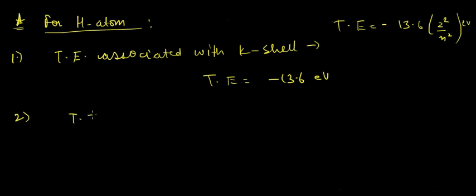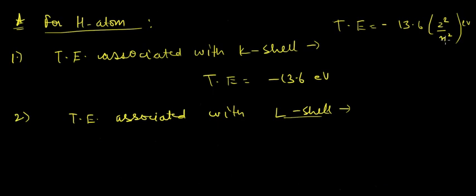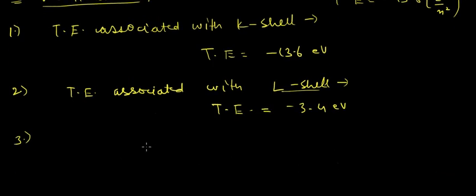Second is total energy associated with L shell. So for L shell N is 2, so 13.6 upon 4, which would be nothing but minus 3.4 electron volt. So next we have total energy associated with M shell.